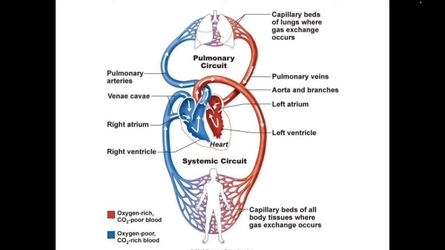So again, the pulmonary vein is going to the heart, but because it's going away from the lungs, it's carrying oxygenated blood. Then the pulmonary artery, after the blood came from the cells to the heart, is carrying deoxygenated blood, and that CO2 is being pumped out through the lungs.